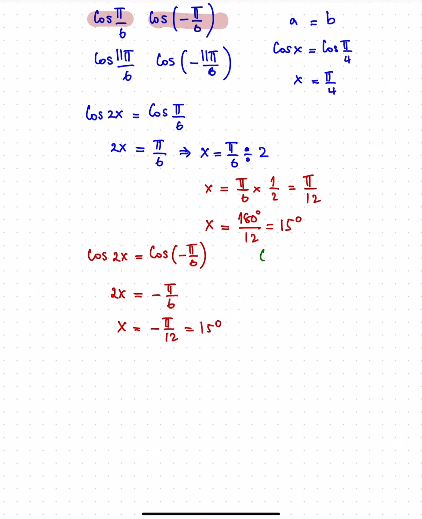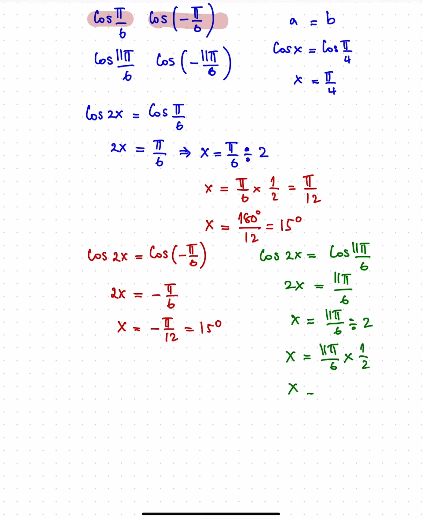For another, cosine 2x equals cosine 11 pi over 6, so 2x equals 11 pi over 6, then x equals 11 pi over 6 divided by 2, which is 11 pi over 6 times 1 over 2, so x equals 11 pi over 12, which is equal to 165 degrees.